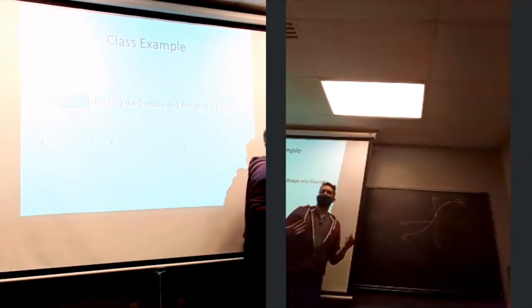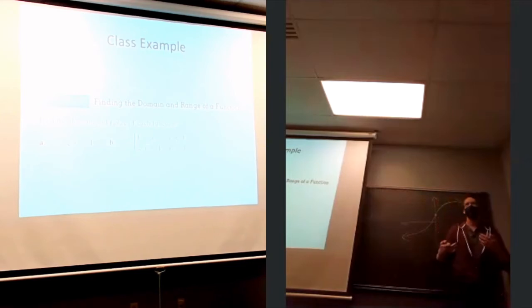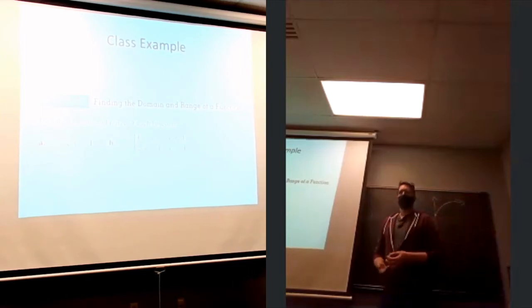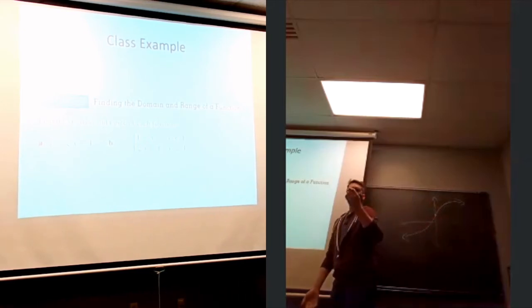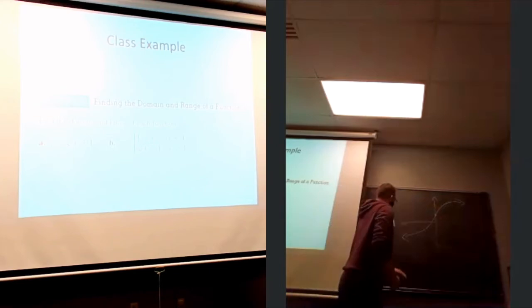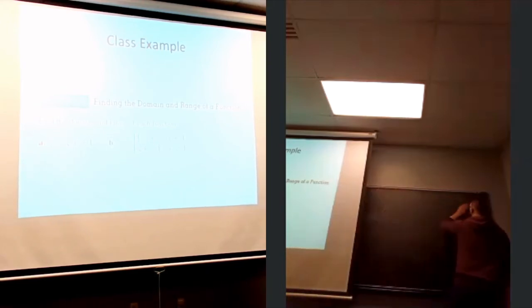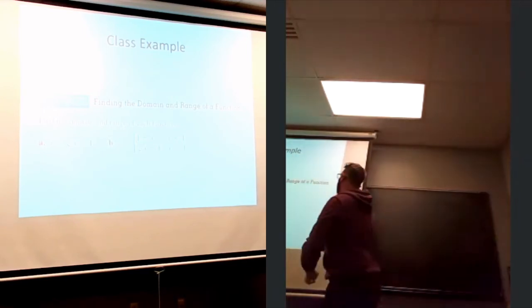Now, what's our range going to be? What possible values can we get out of a square root? Anybody? Positive numbers. Yeah, any number 0 or greater again, right? So in this case, our graph looks something like this.